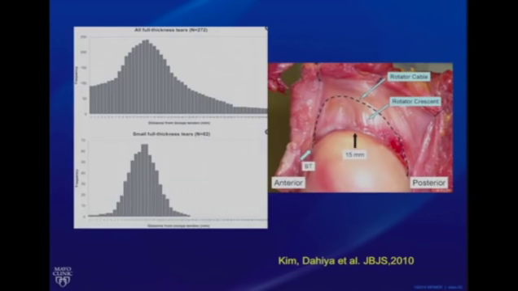Now, we did studies a few years back in which we looked at the origination of tears. In this diagram, you can see that when we looked at all the full thickness tears, the common place where the tear existed was between 13 to 17 millimeters from the biceps tendon posteriorly.